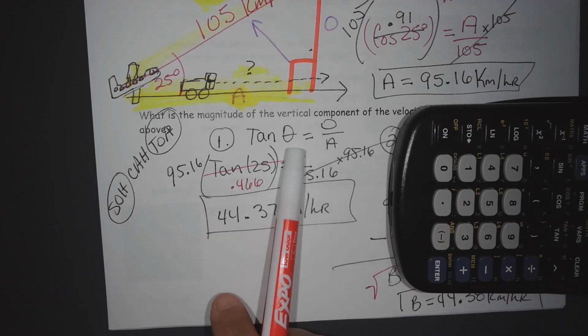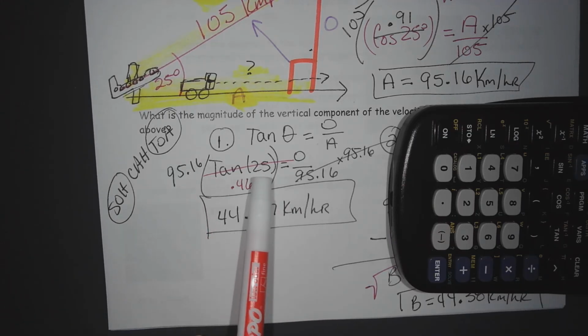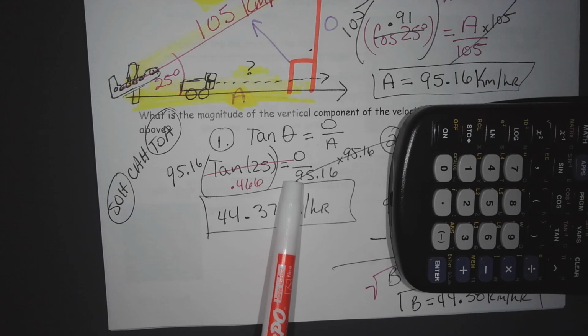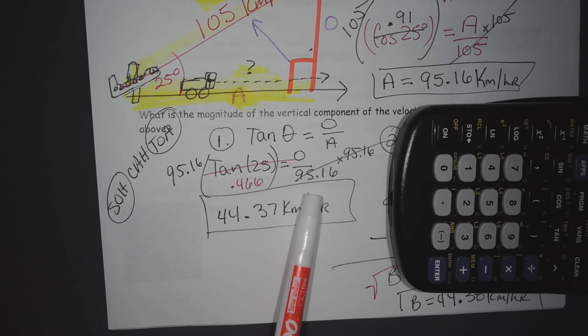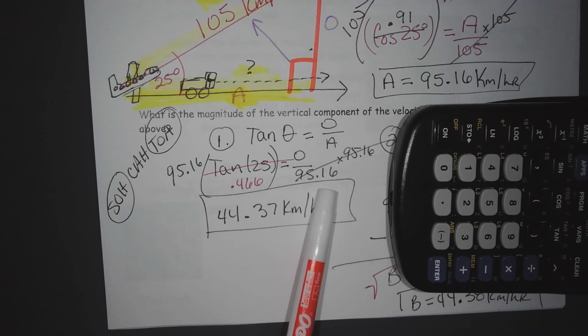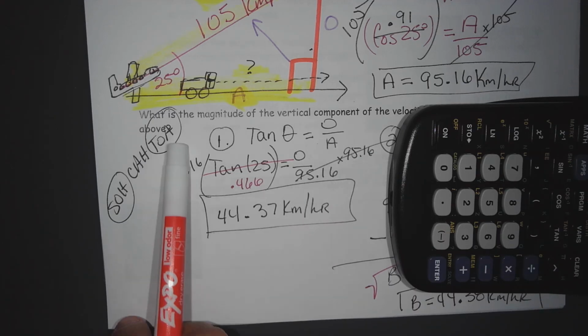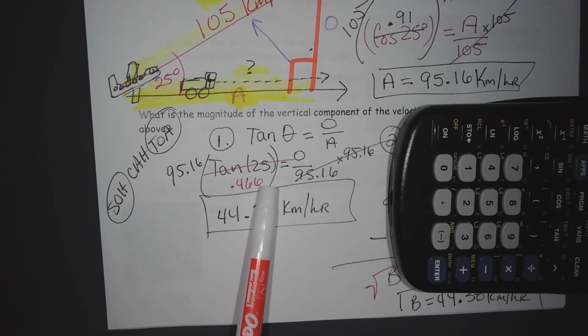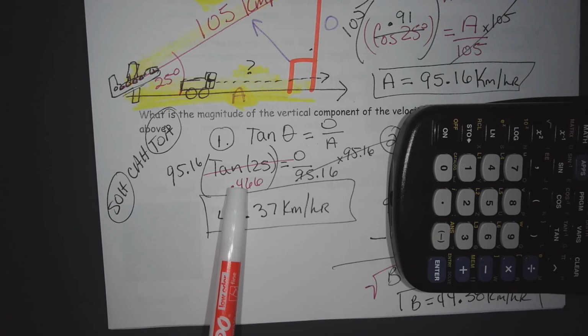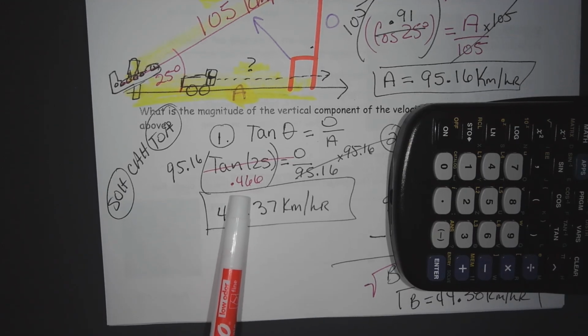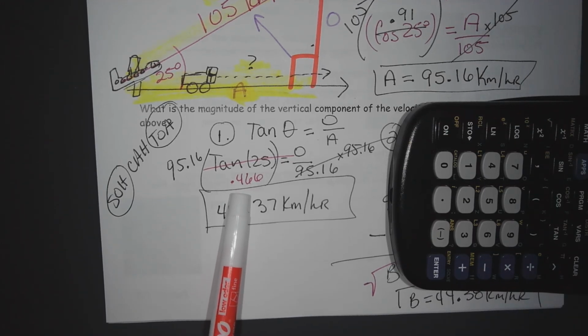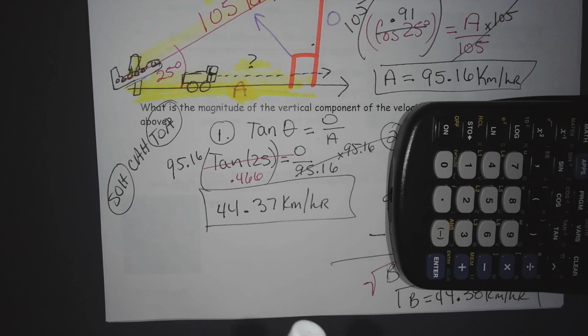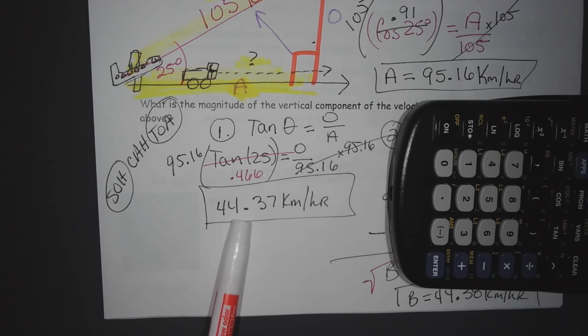I did the tan of the theta of 25 degrees equals the opposite divided by the adjacent. I found the adjacent to be 95.16. If I multiply both sides by 95.16, I can cancel this. The tan of 25 degrees came out to 0.466 times 95.16. I get 44.37.